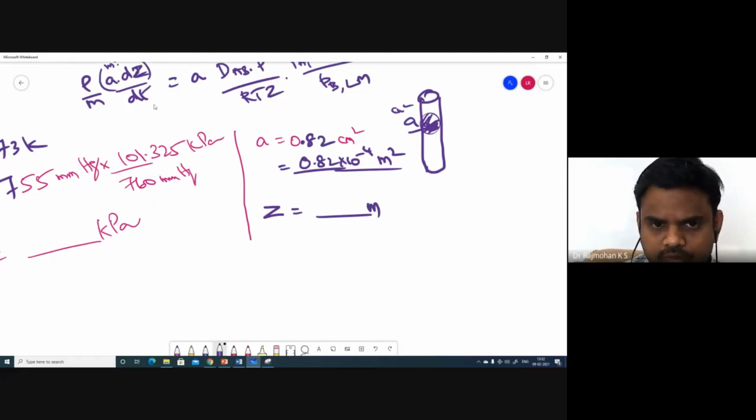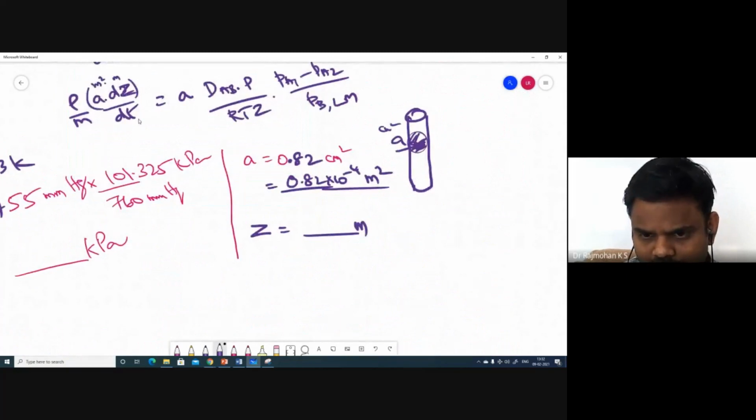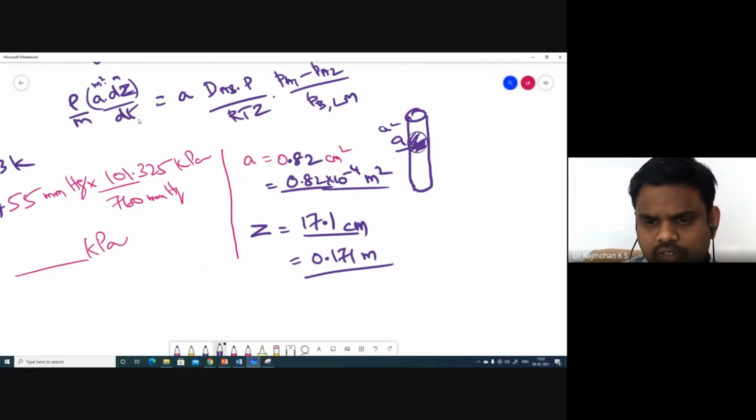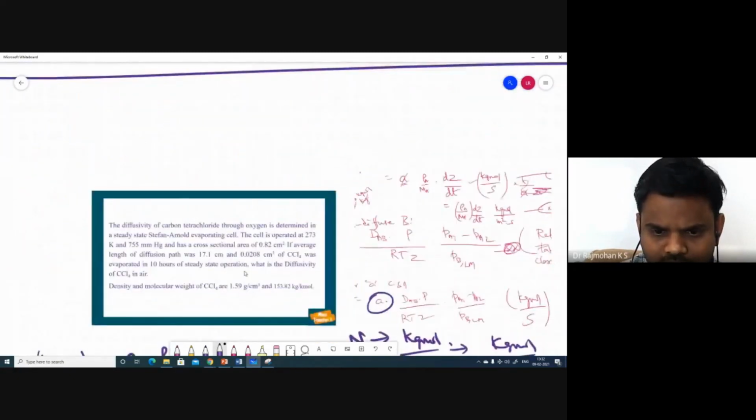How much? 17.1 centimeters, that is 0.171 meters. So average diffusion path is given. Then what else is given? And this much was evaporated in 10 hours.